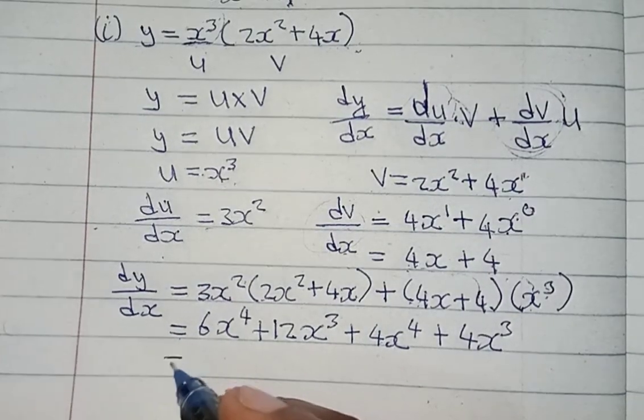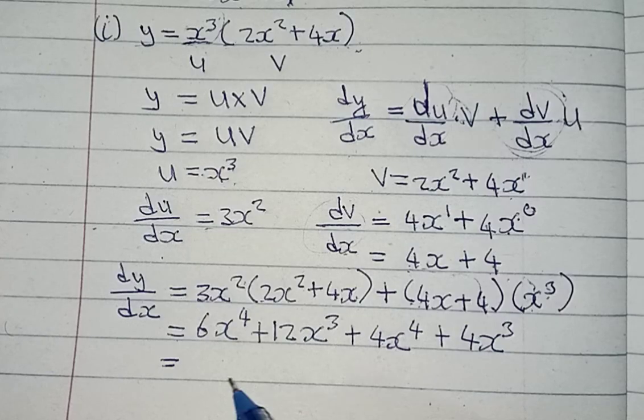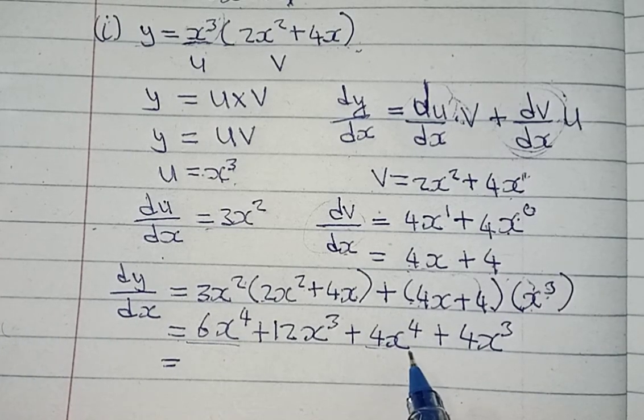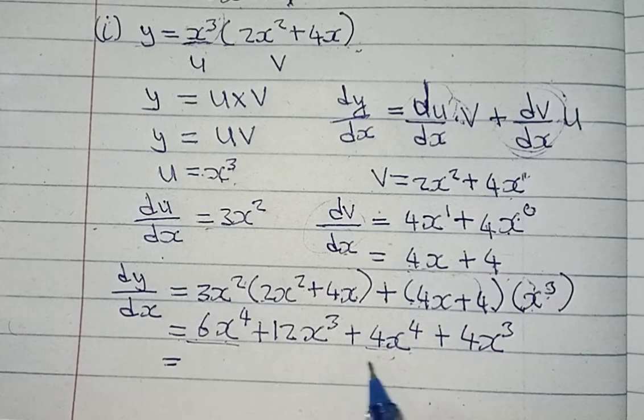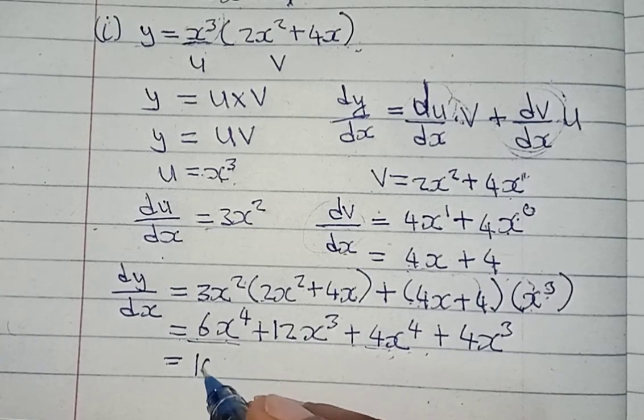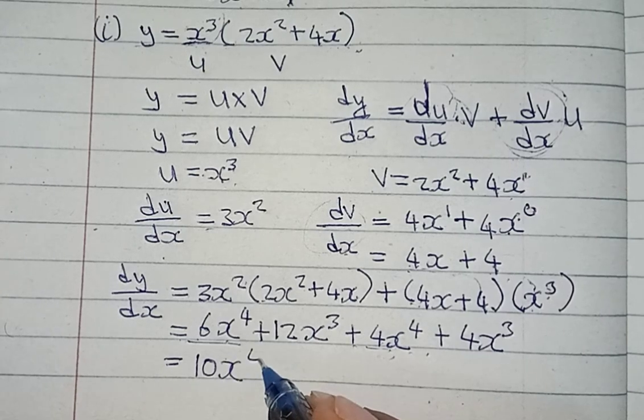At this level, we collect the like terms and simplify. Now we see 6x to the power 4 and 4x to the power 4. These are like terms. When we add these, we should get 10x to the power 4. So 6x to the power 4 plus 4x to the power 4, we have 10x to the power 4.